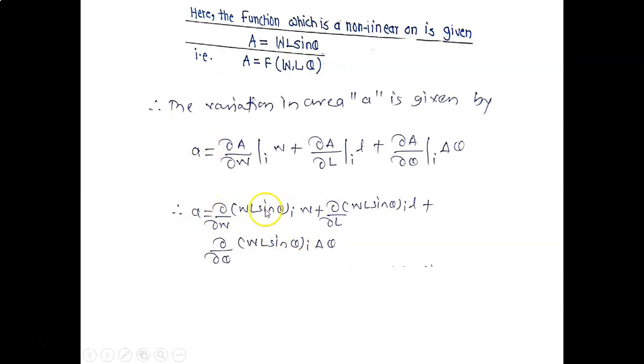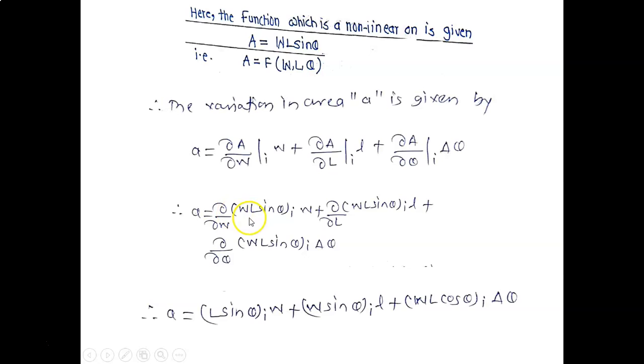Therefore, we will now differentiate wl sin theta with respect to w, with respect to l, and with respect to theta. Therefore, small a is equal to, differentiating wl sin theta with respect to w, we get the partial derivative l sin theta at the point I into small w, plus the differentiation with respect to l.